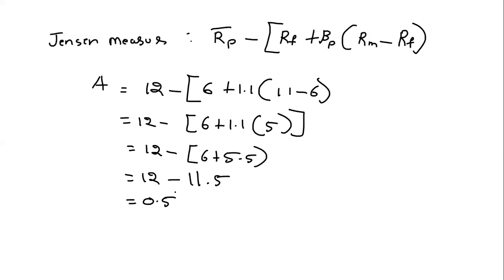And if we do it for fund B, the return is 10 minus 6, that is RF, plus 0.9 is the beta, into bracket, that is RM minus RF, that is, sorry, not 6, that is 11 minus 6 bracket.